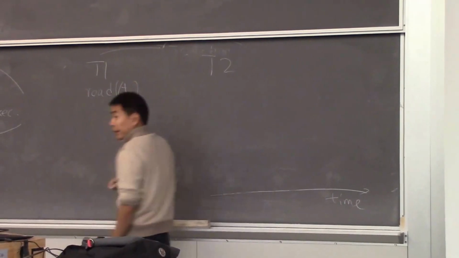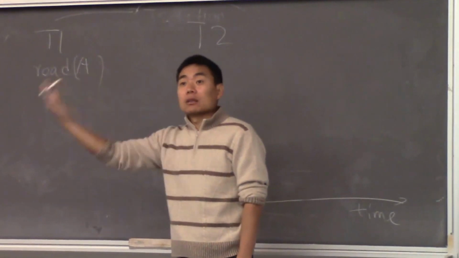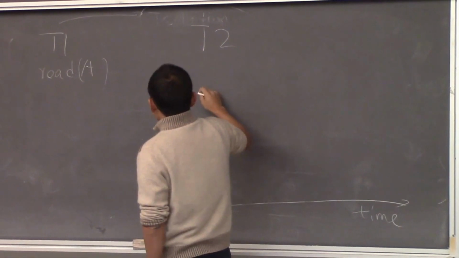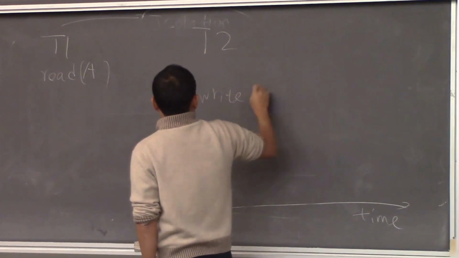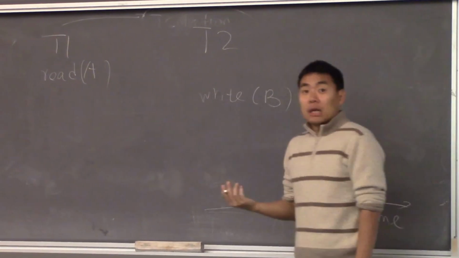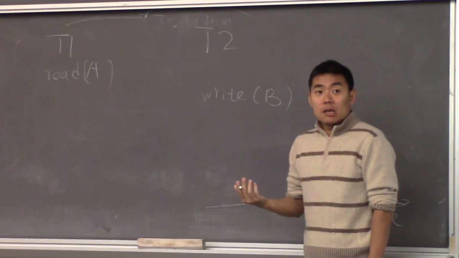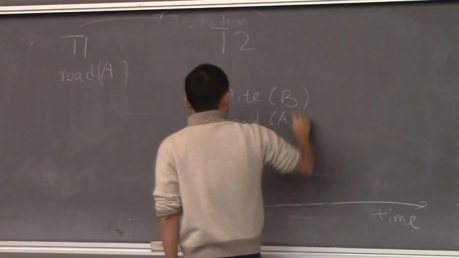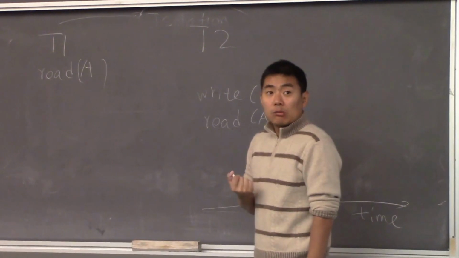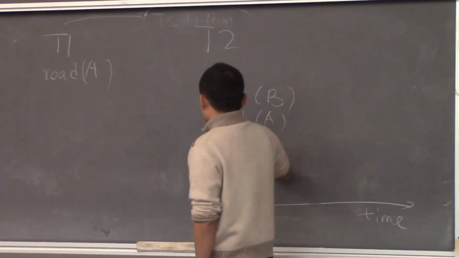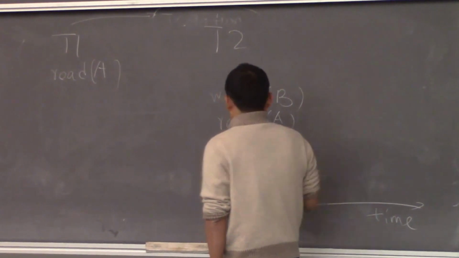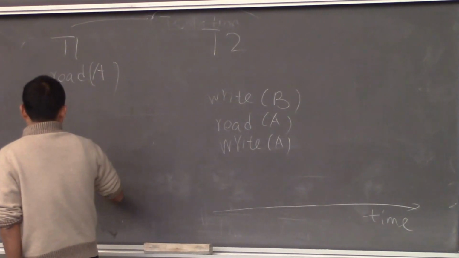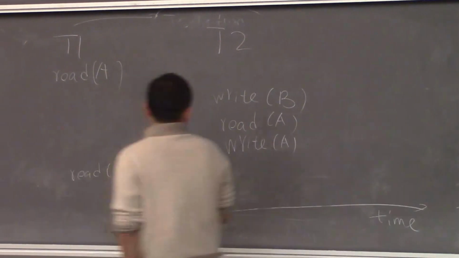So let me read the value A here. A is a record, right? And B, T2 says, I update the value of B. Okay? I update the value of B. Then I read the value of A. Then I also write the value of A. And then here, let's see whether I can do this right.